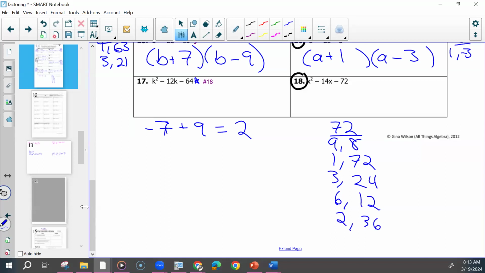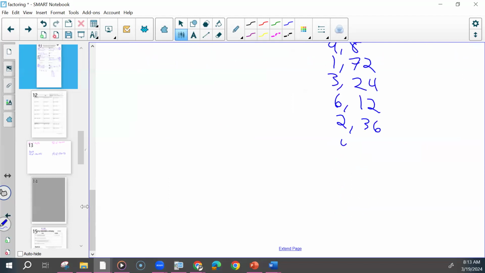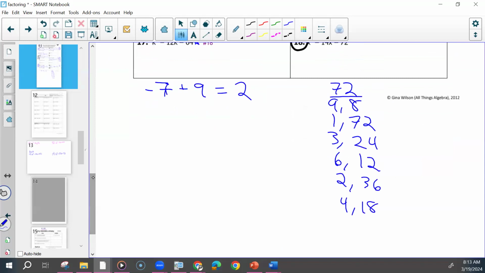Does 4 work? 4 and 18. 5 wouldn't work. We have 6. Nothing for 7, and then 8, 9. So that would be all of them. I like to go in order, so I know I'm getting all the numbers. Start with 1, go to 2, 3, 4, 5, 6, 7, 8.